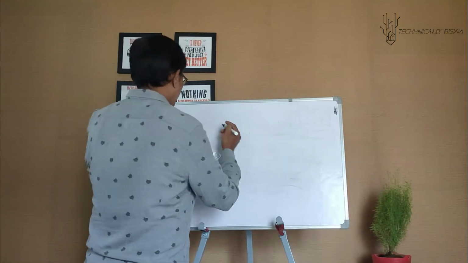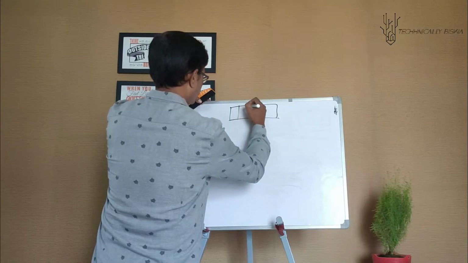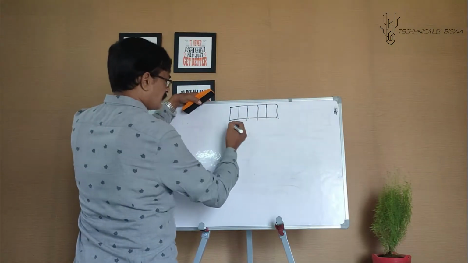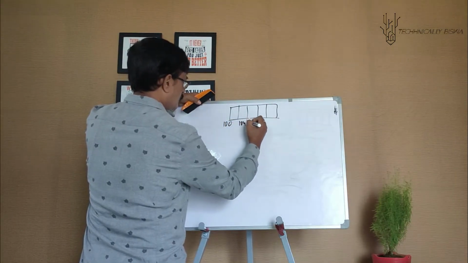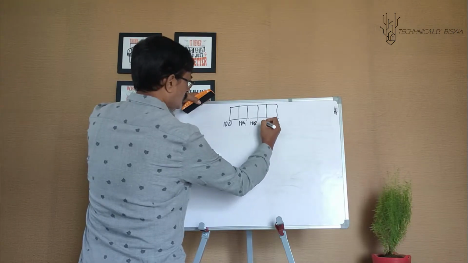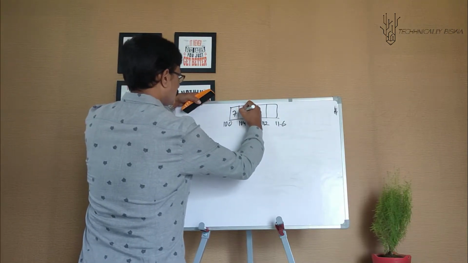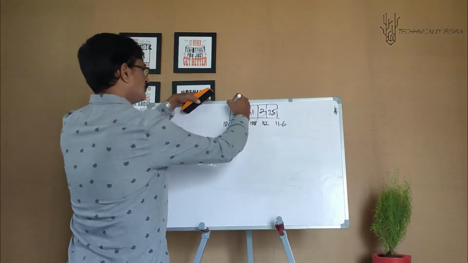But assuming I have an array, let's have the picture of an array here. 5 elements, the same array, addresses 100, 104, 108, 112, 116. Let's put values 7, 9, 11, 3, 25, random values.